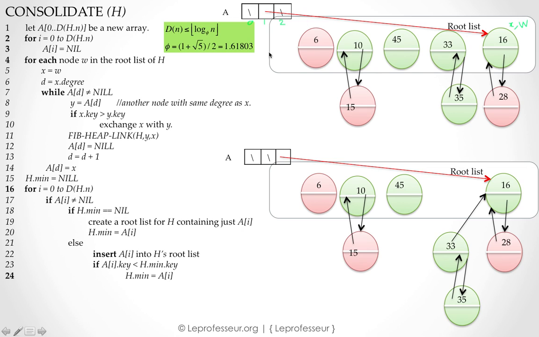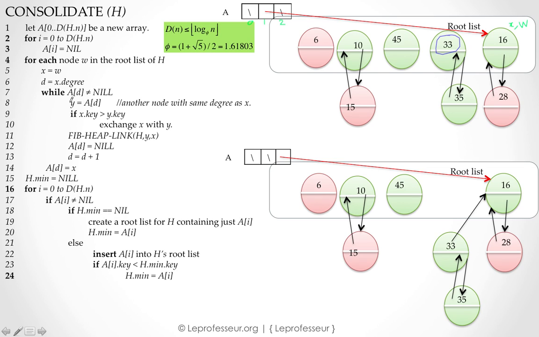After executing this step, the very first pass of the for loop at line number 4, we are at this level. In the second pass, we talk about node 33. 33's degree is 1 and A[1] is not nil now, so we are inside the while loop.